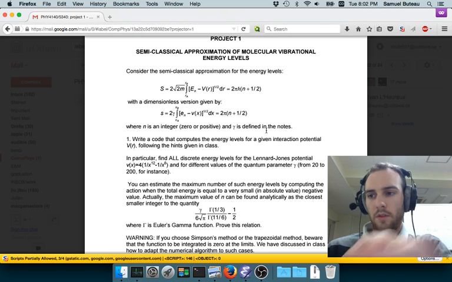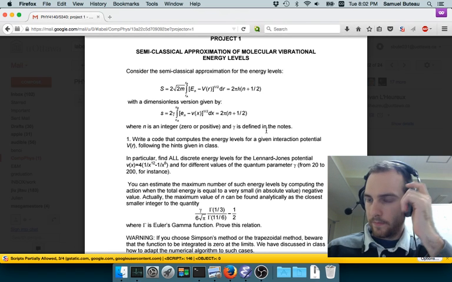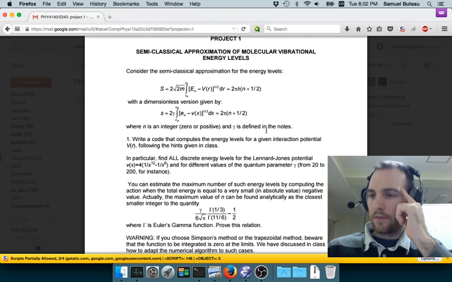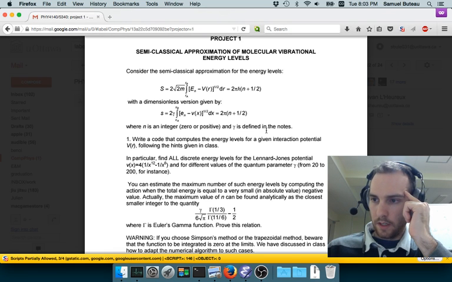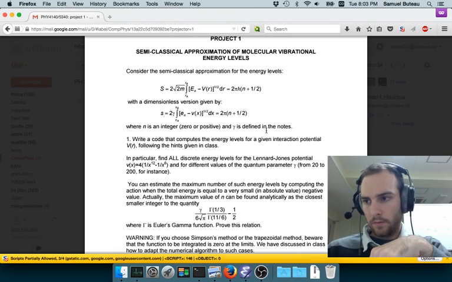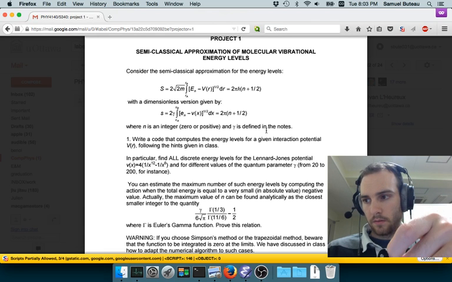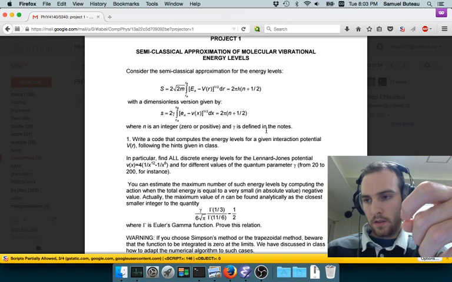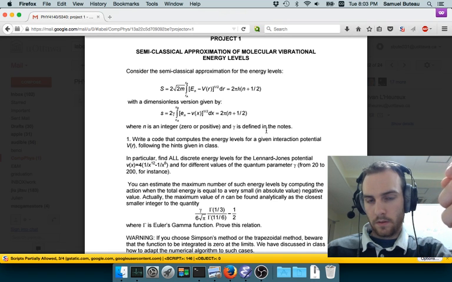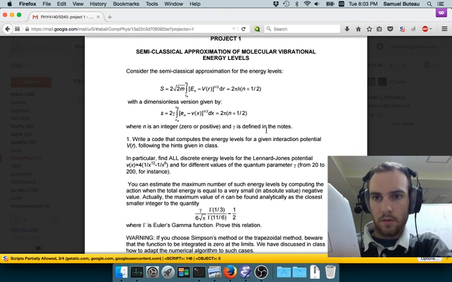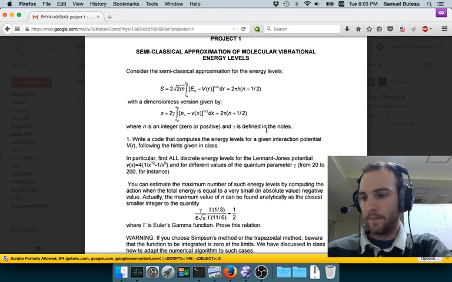If the total energy is between minus V0 and 0, the motion is restricted between the turning points RA and RB, for which the momentum is 0. So if you climb to the point where you have to come back, you have 0 kinetic energy, which means you have 0 momentum.